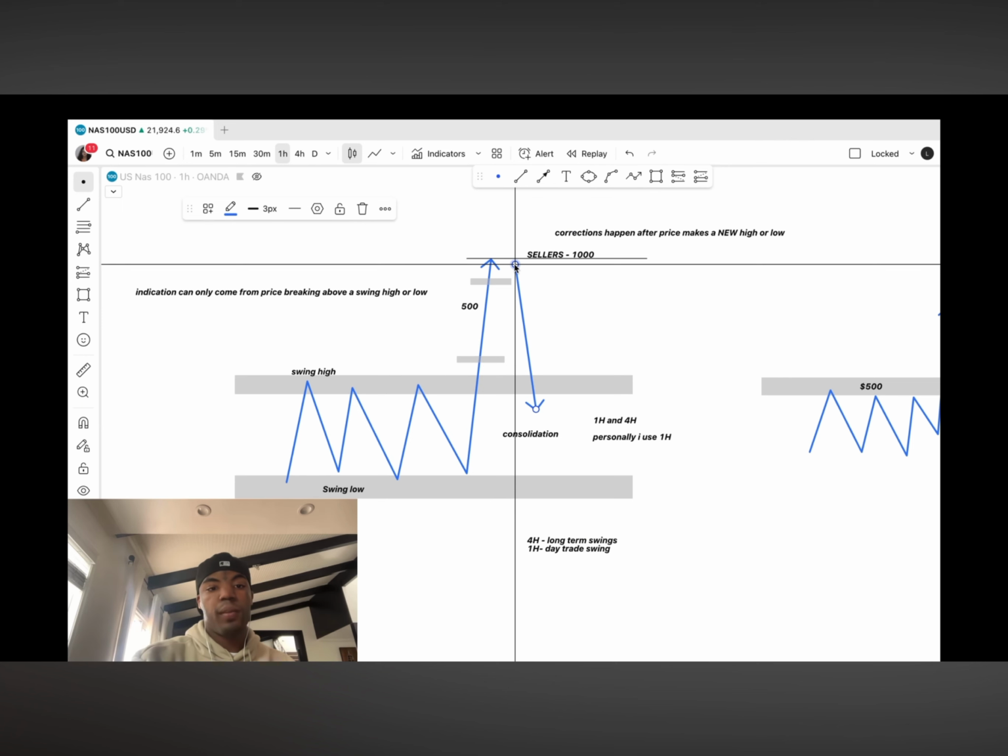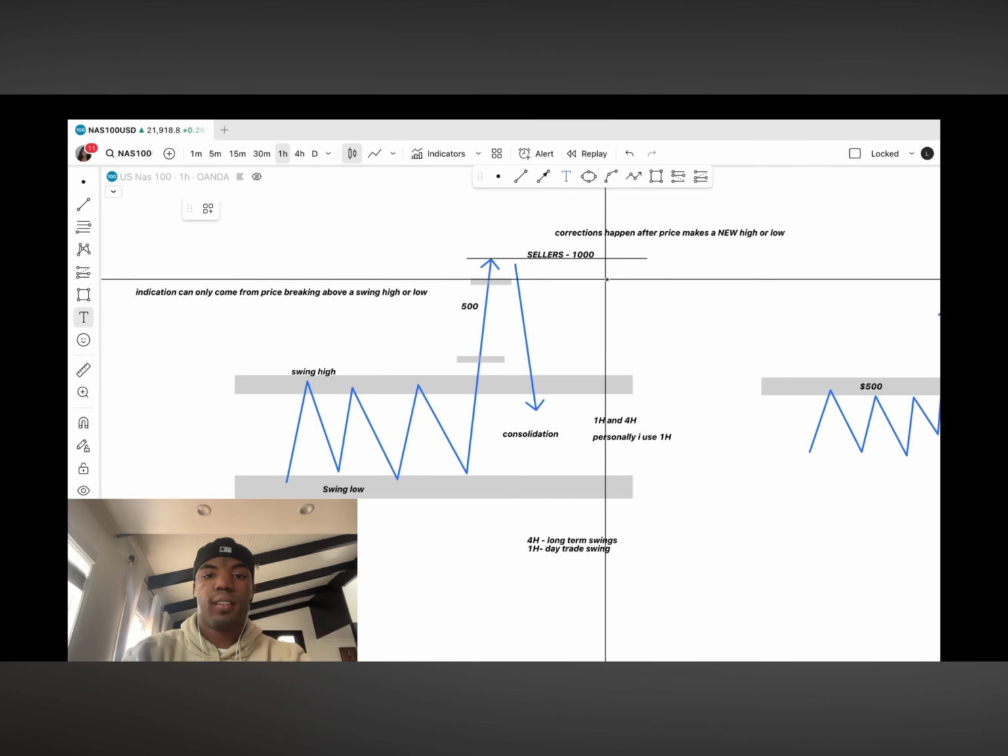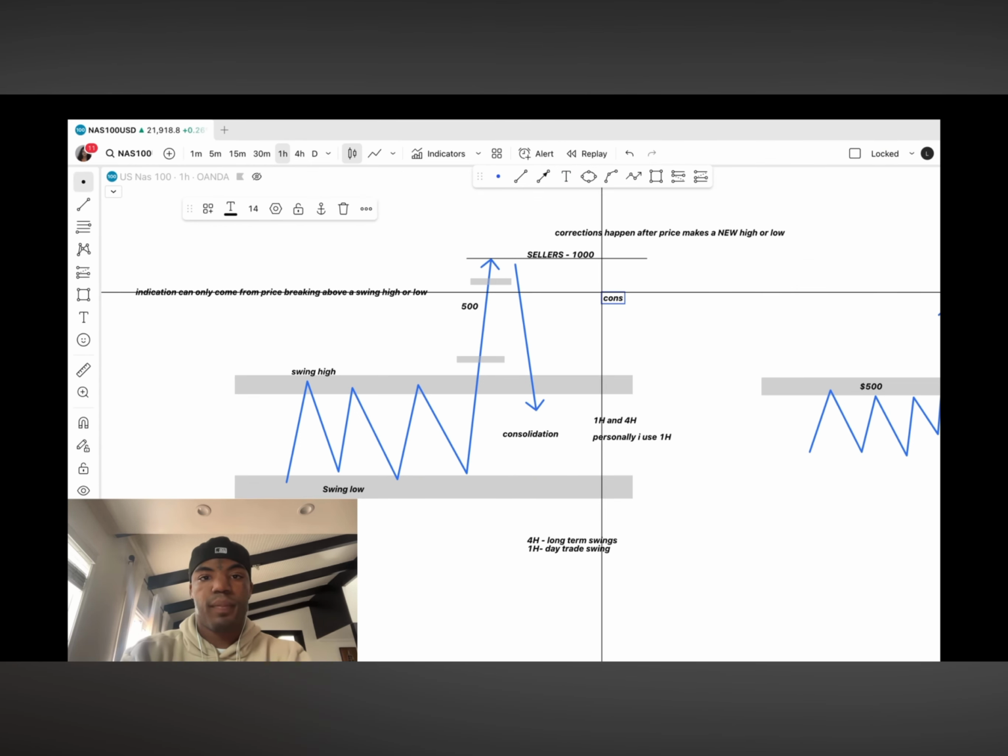So notice how we marked up our charts on the 1 hour or 4 hour time frame. The correction is monitored on the 15-minute time frame.